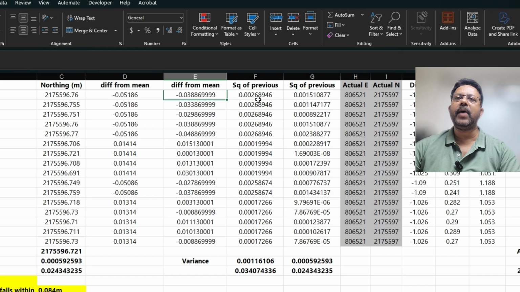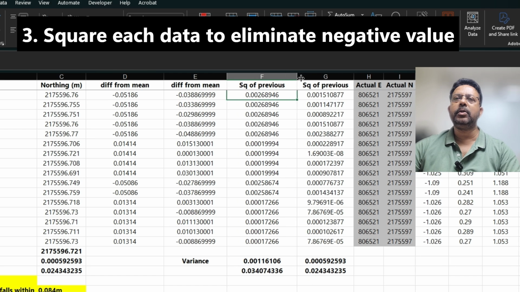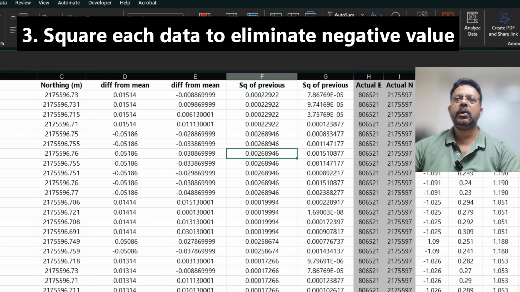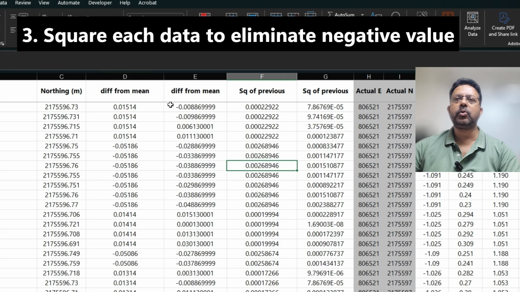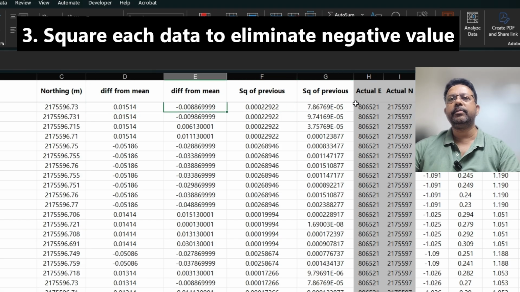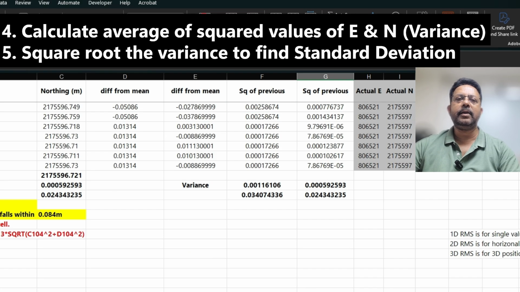Okay, so once I find that, then I can find the square of the difference from the mean. I do a square of this number, and a square of this difference from the mean for the northing. So once I find that, then I can find the variance.